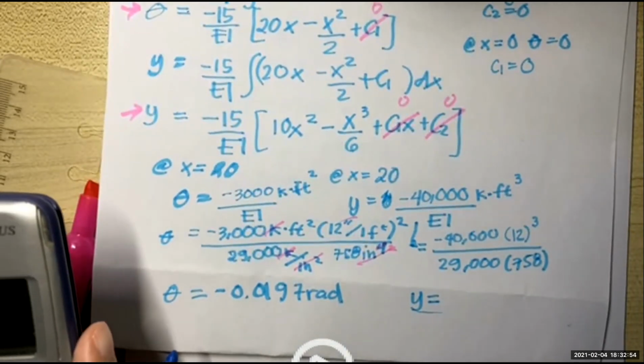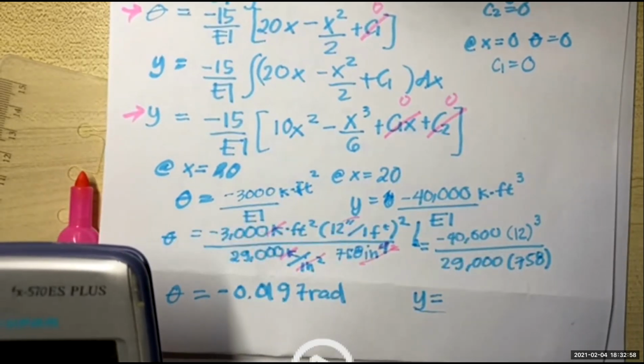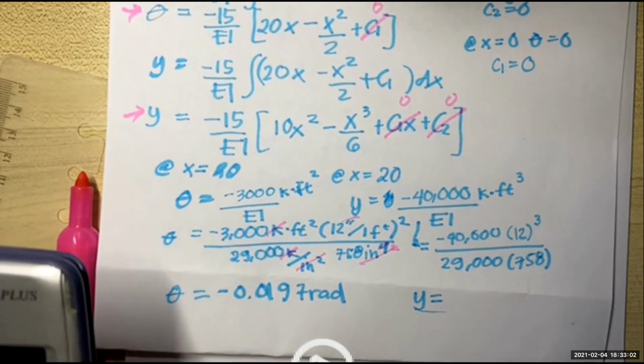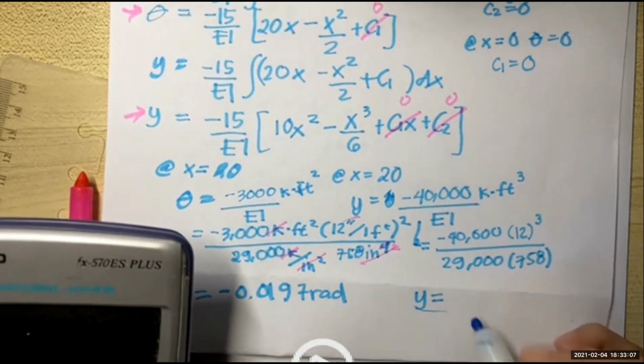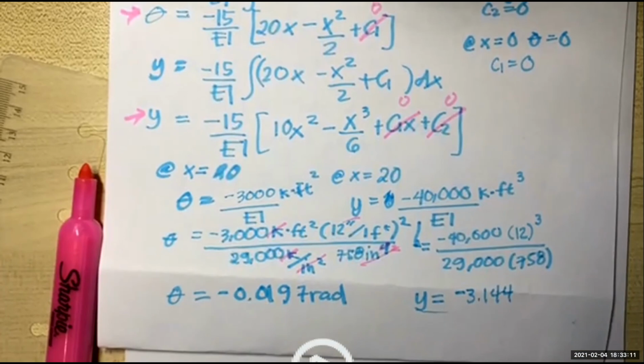So, negative 40,000 times 12 cube over 29,000 times 758. Negative 3.144. I-check nga.